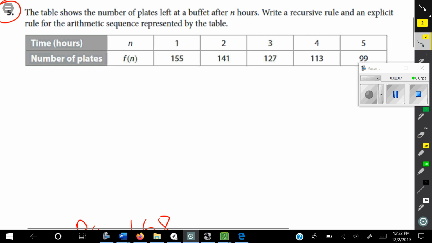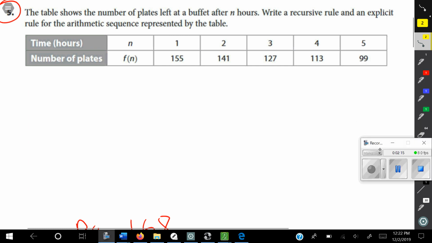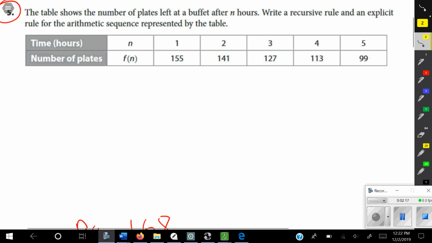All right, so we've got our numbers here, and it's saying the first term is 155, the second term is 141, third term is 127, and so on. So what we want to do is find our first term, which we know, it is 155, and we want to find the common difference. Those are the two things we need to do. Need to write both rules, the recursive and explicit.